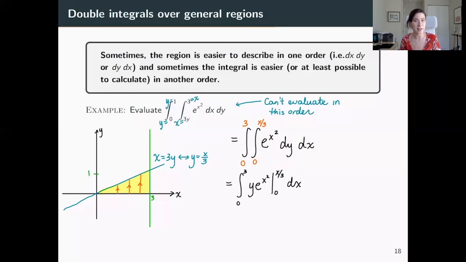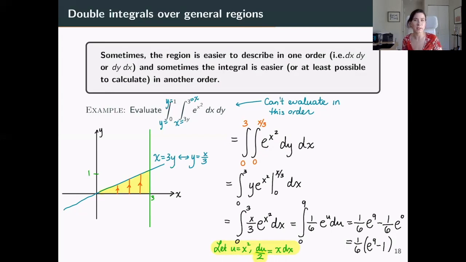By the time you pause the video and come back, I'll have it all done. In the end, you should have gotten 1 over 6 times e to the 9 minus 1 as the value of this integral. You needed to use a u substitution once you got to this point, and then making this single integral into a nice integral with just e to the u makes it straightforward to evaluate.